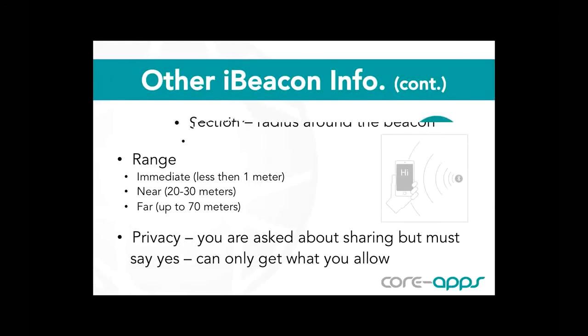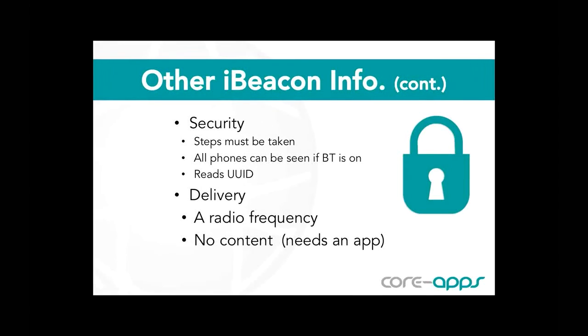Keep this in mind. Over here on the security side, we're going to talk a little bit about that. There are also some steps that need to be taken, and all phones that are using Bluetooth can actually read this. While I mentioned before that Apple and Android are the two platforms that utilize this technology, the iBeacons themselves will measure other phones that have their Bluetooth on. They just can't communicate with them.